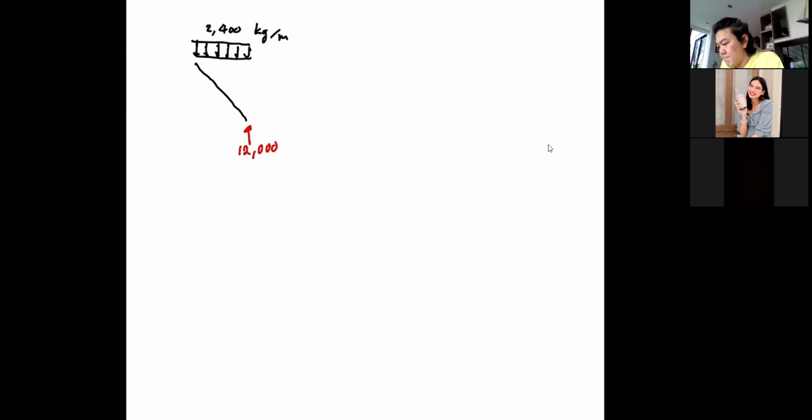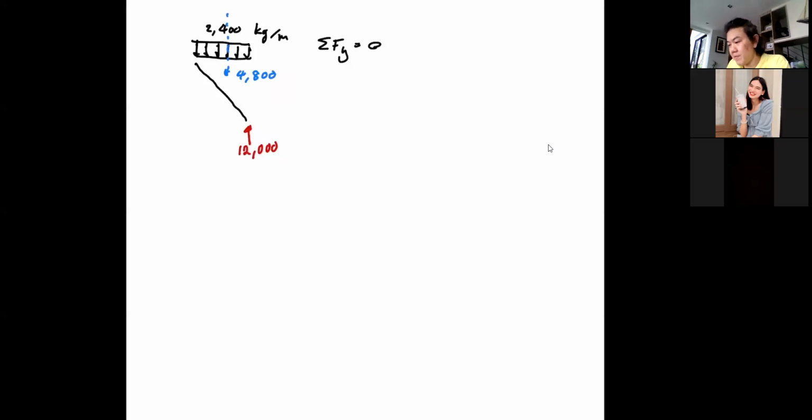Right now I have this, so I can use sigma Fy equal to 0. Now you should realize one thing, because this member is only 2 meters long, the total force here is 4800.